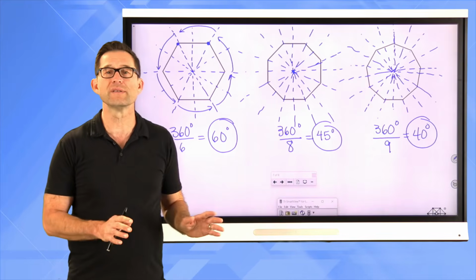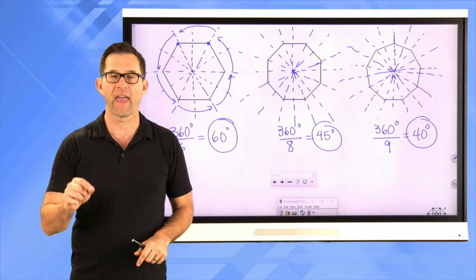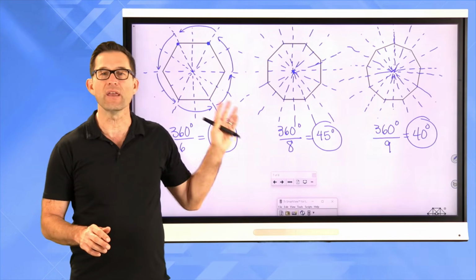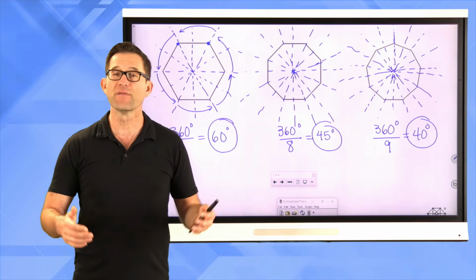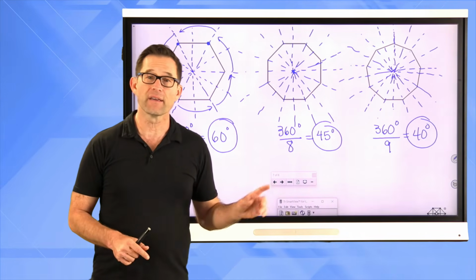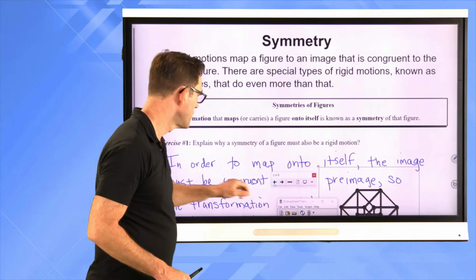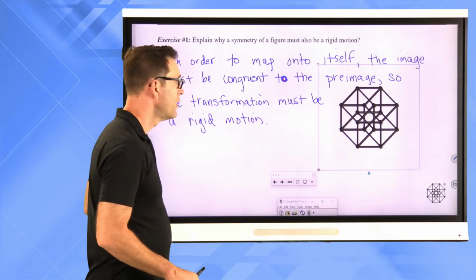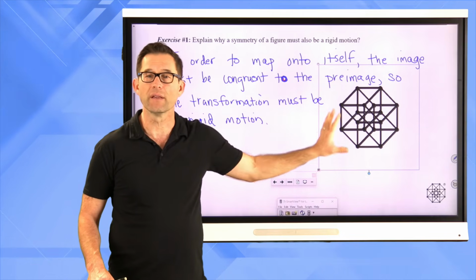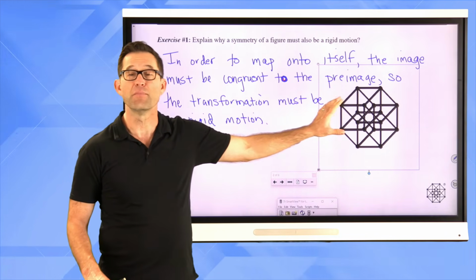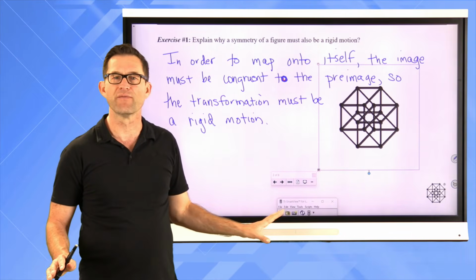One of the reasons that we like figures like these is because of the symmetry that they have, right? The reason that you'll see regular hexagons in lots of different designs is because of the symmetry that they have. In fact, if we go all the way back to the first slide, or the second slide, I guess, one of the reasons that I find the hypercube so interesting to look at is because it's based on an octagon and has all the different symmetries of the octagon, right?